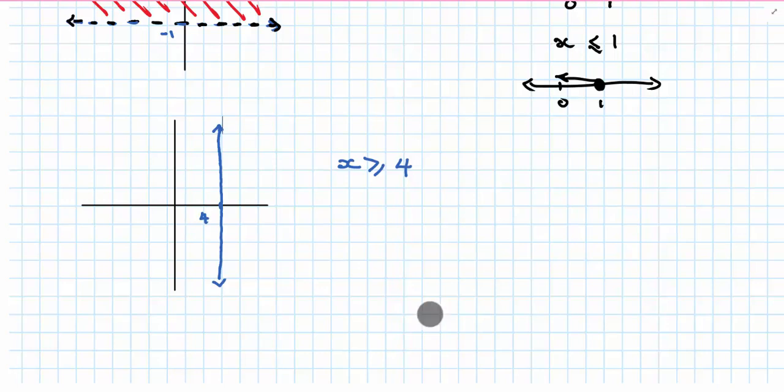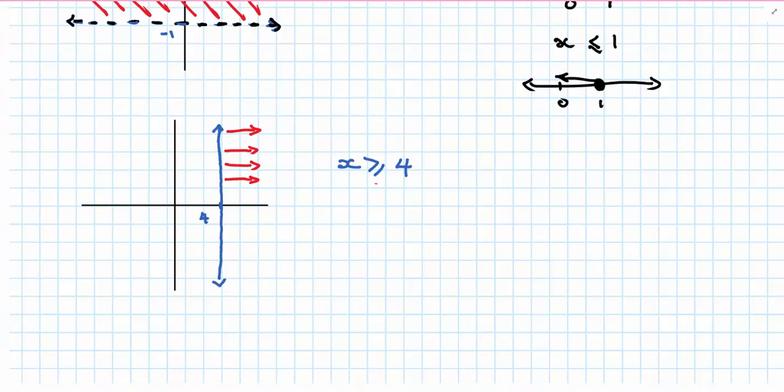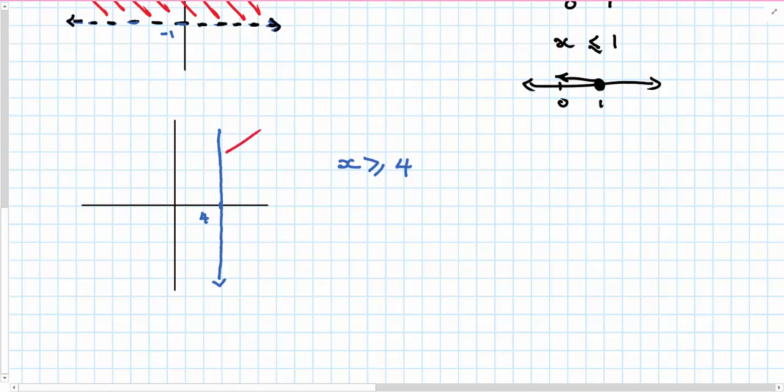So where are the x values greater than 4? Which points would have x values greater than 4? Well, clearly as I move to the right, all points will have x greater than 4. So we don't draw arrows as before, we shade the region.